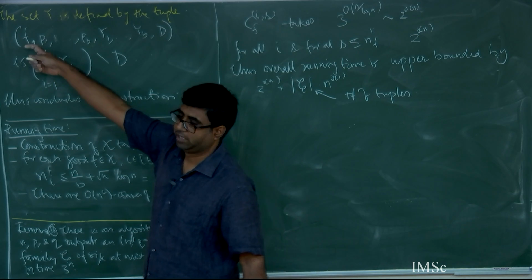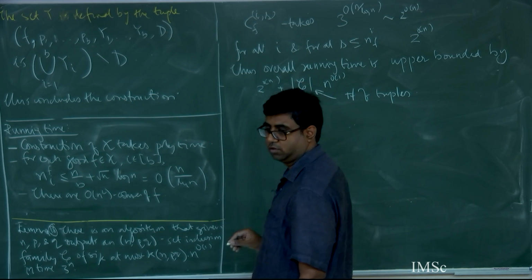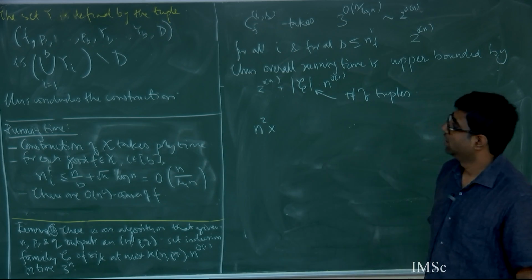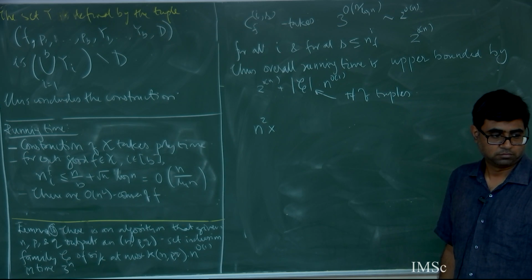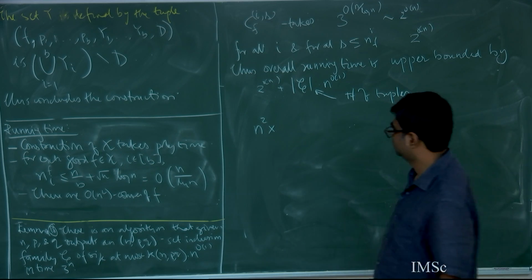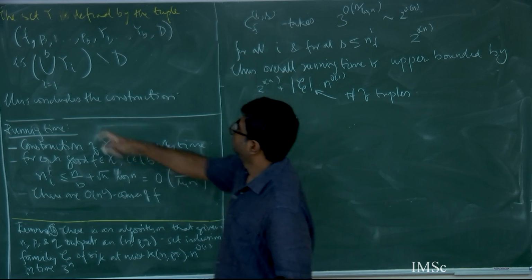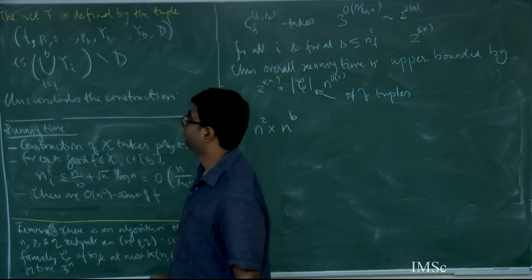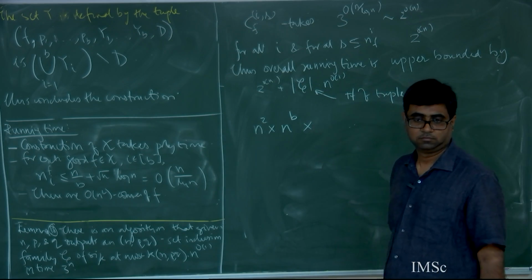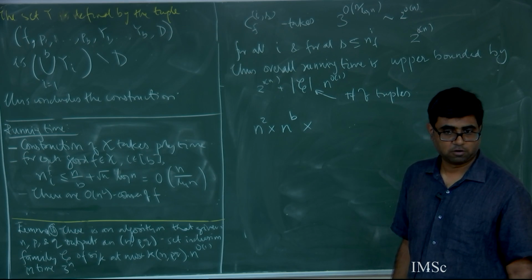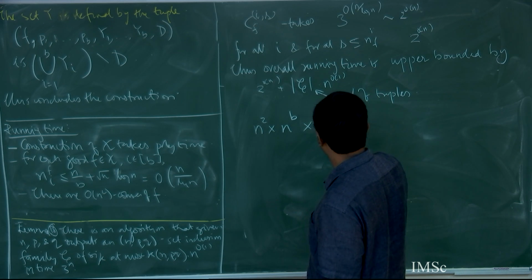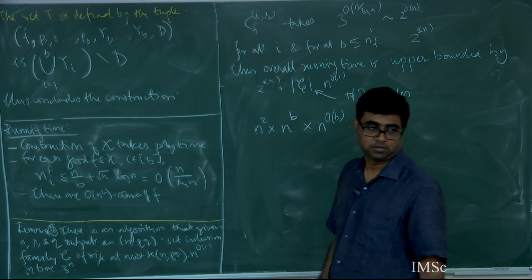How many choices of f do we have? n square, it doesn't matter. How many choices of pi do I have? N_i,f at most n, so n to the power b. How many choices of D do I have? At most n to the power log n, or I can say n to the power big O of b.